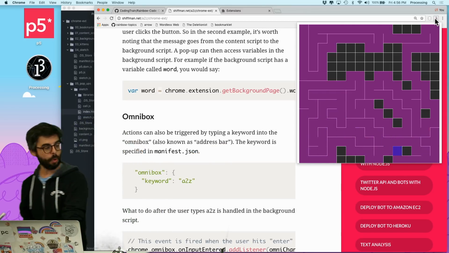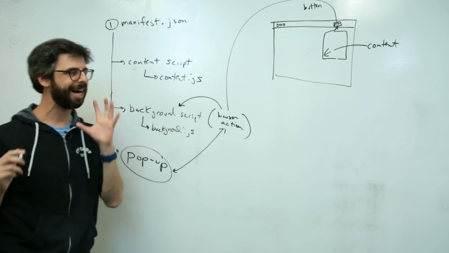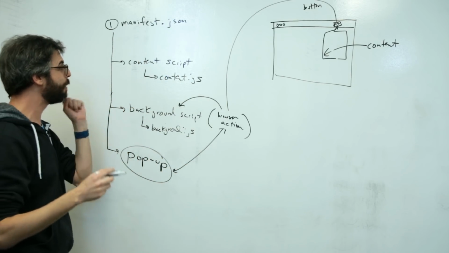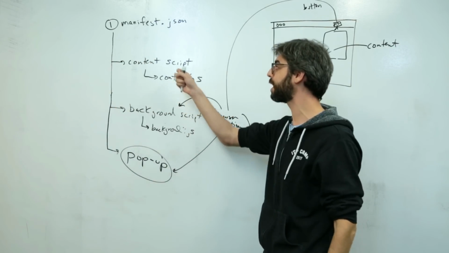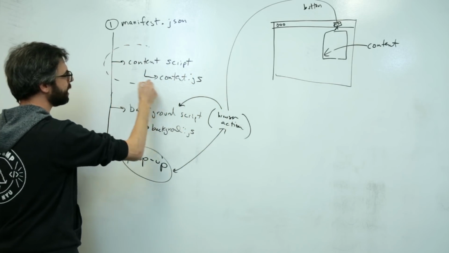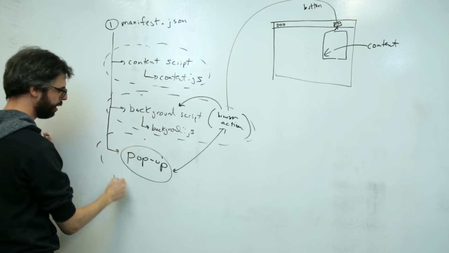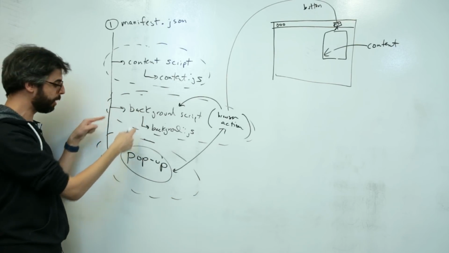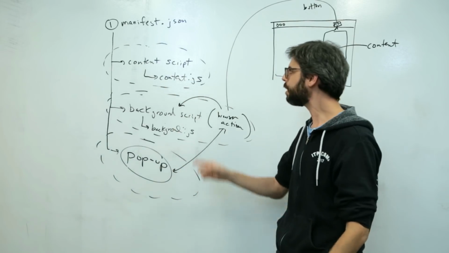Now, one thing that's important about Chrome extensions, I haven't actually used the word scope, but I think it's important to mention this. Before, when I wanted to communicate between the background script and the content script, they live in different scopes. Each one of these things lives in its own bubble: the background script, the pop-up, the content script, all in their own separate bubble.